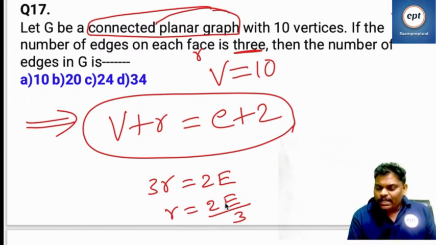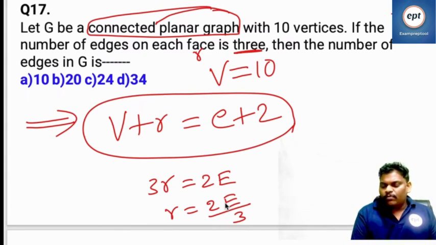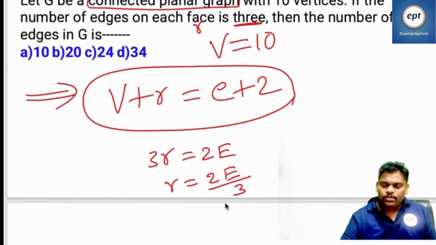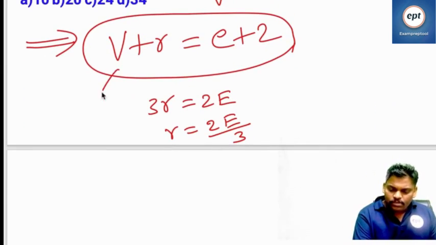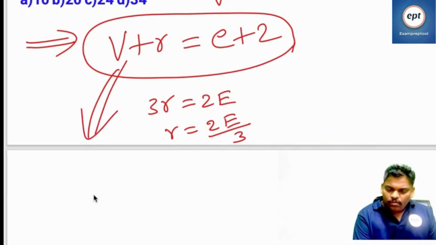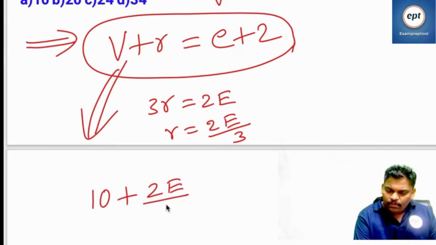If the number of edges on each face is 3, and the number of regions is R, then every region degree is 3. So 3R is equal to 2E, so R is equal to 2E by 3. In this formula, substitute V value 10. V plus R is equal to E plus 2, so 10 plus 2E by 3 is equal to E plus 2.